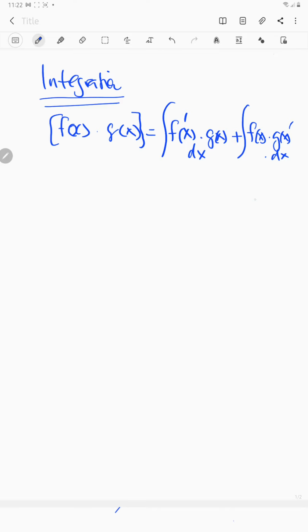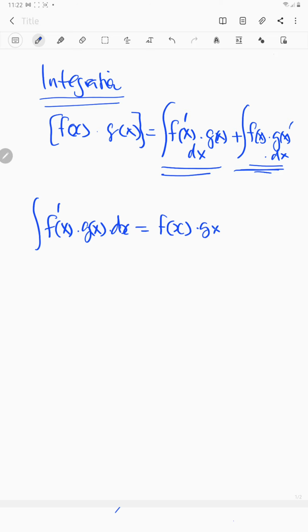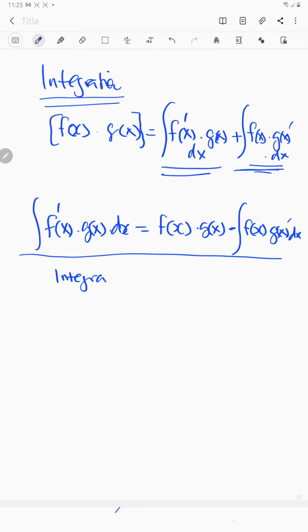So at the end of the day, we can make this one the subject of the formula. It can be the integral of f'(x) g(x) dx, which is equal to f(x) g(x) minus the integral of f(x) g'(x) dx, because I take this one to the other side. This equation defines what is called integration by parts.